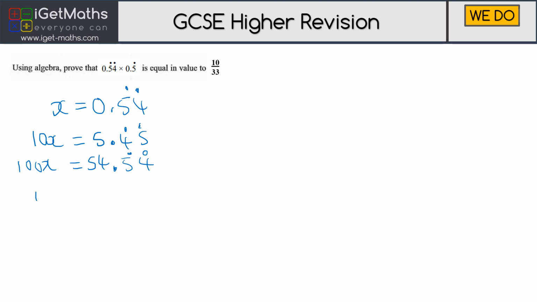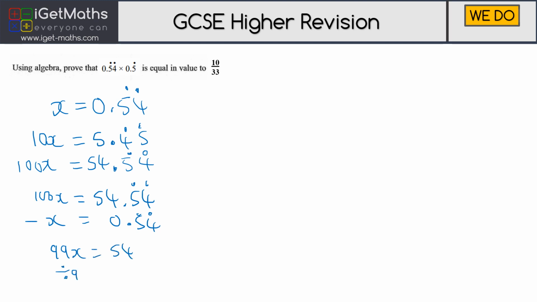We can do 100x, which is 54.54 recurring, subtracting the x, which is 0.54 recurring, and when we subtract that, that will give us 99x is equal to 54, and then we're going to divide by 99 on both sides. That will just give us x is equal to 54 over 99.